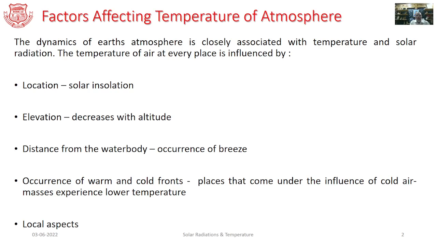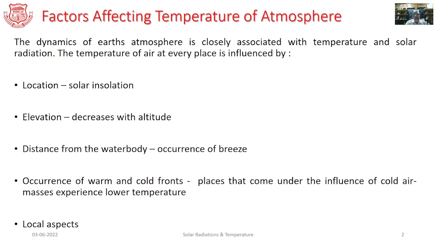As we consider the occurrence of warm as well as cold fronts, the places which come under the influence of the cold air masses will cause the movement of the warm masses to further altitudes, and the region will experience the lower temperature.